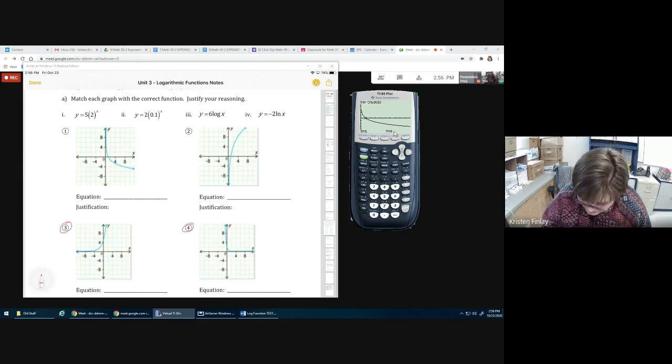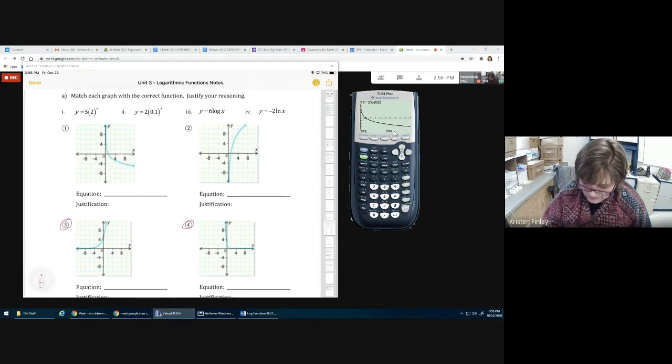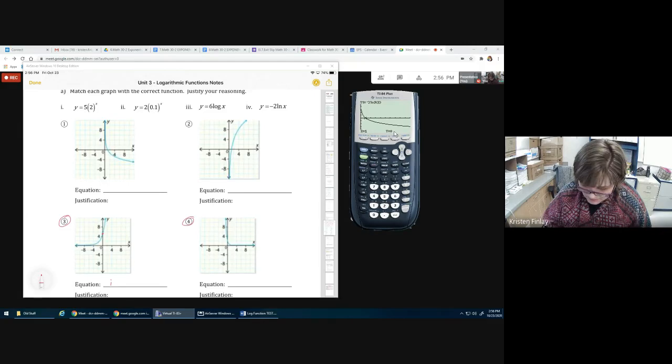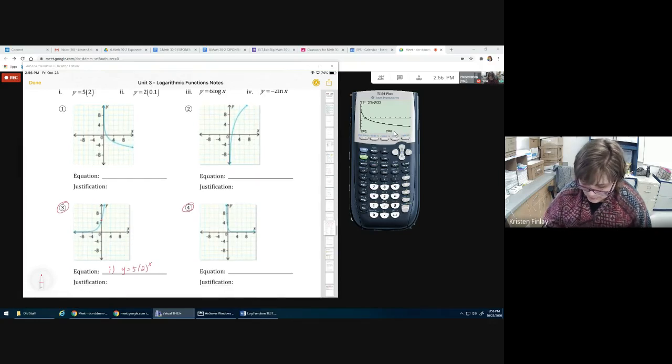So we need to look at our y-intercept. Here it looks like our y-intercept is around there, which looks like a 5, right? So I'm going out of order. So this would be y is equal to 5 to the x. It's also increasing, right? So y-intercept equals 5, and it's increasing.